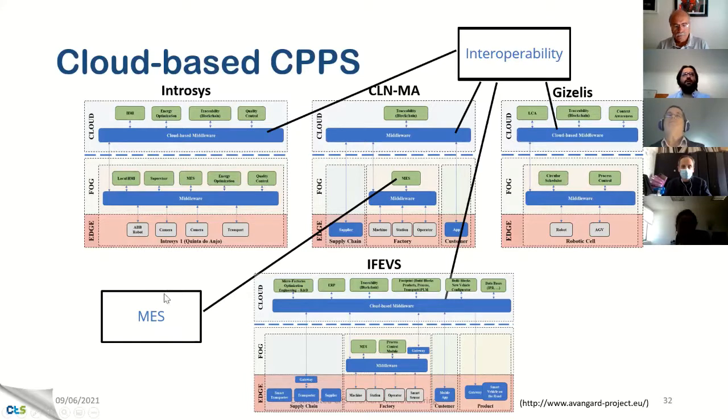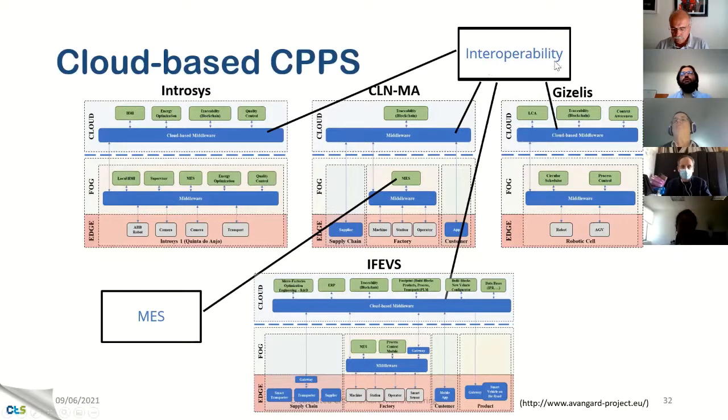For instance, the development of a manufacturing execution system that will run not only inside the factory, but also outside the factory at different levels, and will share information at both levels, because this data will be used to dynamically allocate the production for different factories of the same group.